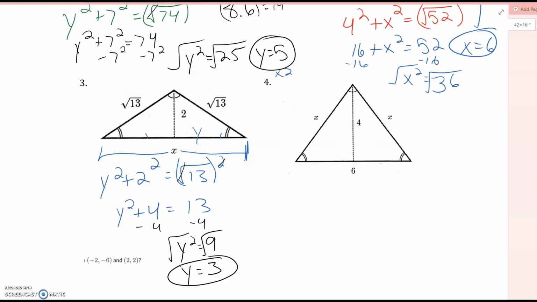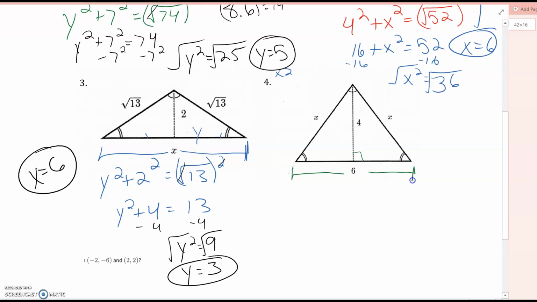Okay, so now it doesn't want y though. In Khan, it'll want the x, which is double the amount for y. So if I multiply that by 2, x would equal 6. All right, here. So 6 is the entire thing.